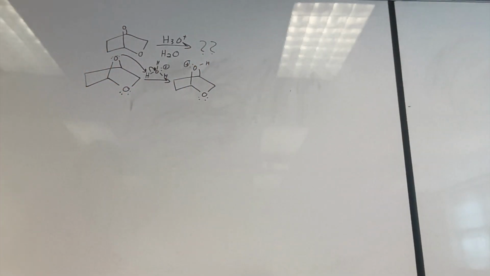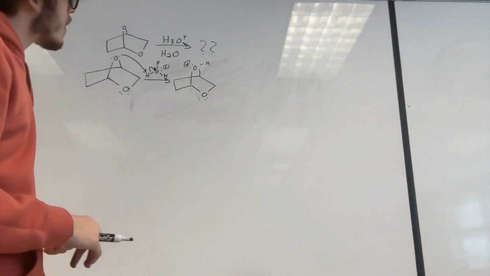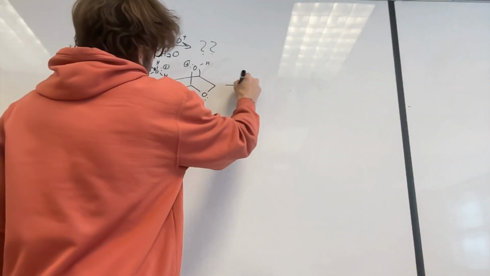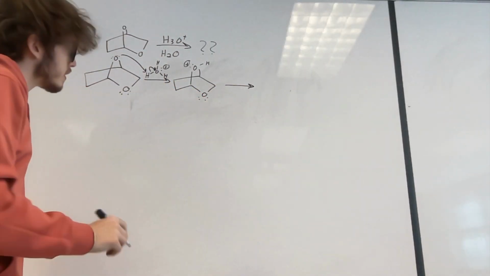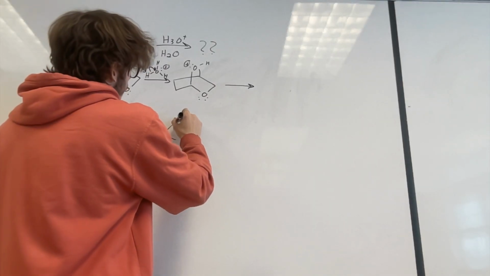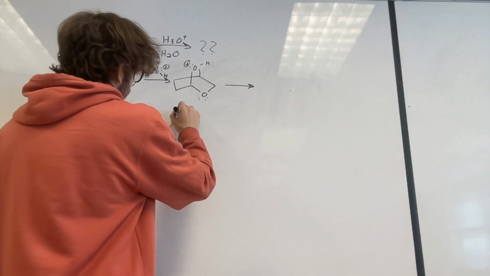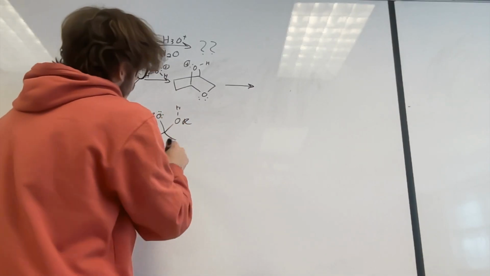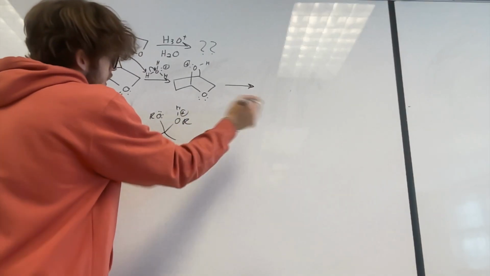Okay, so we have this acetal here. So what comes next, right? Well, water isn't going to want to attack there just quite yet. We know that the mechanism for this, if we just have a generic acetal, so we have our ORH and OR, is that this group is ready to leave.